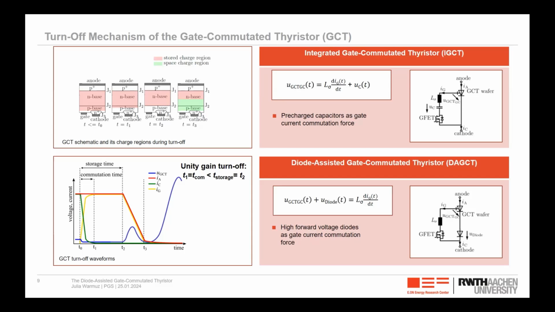And here we use diodes as the main voltage source in the conduction part. So we have here a forward voltage, and then we have a short between gate and cathode during the turn-off mechanism, and therefore we have a potential difference. Diodes are normally not used as voltage sources.